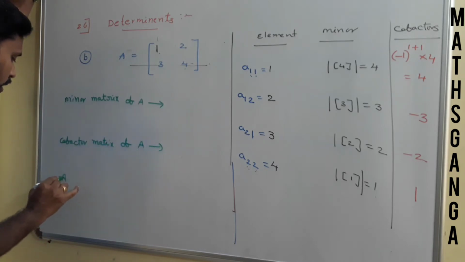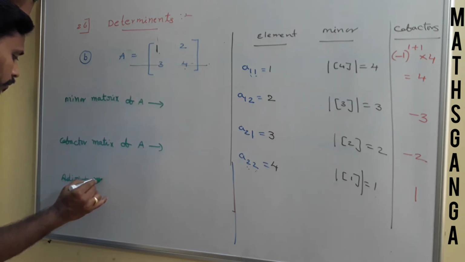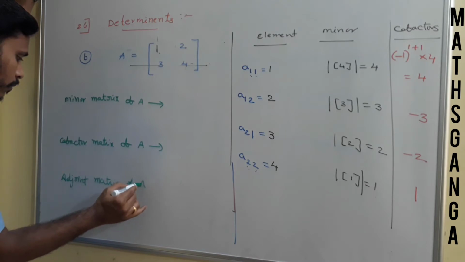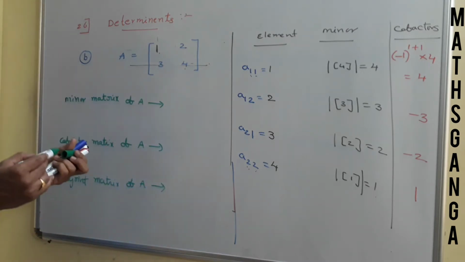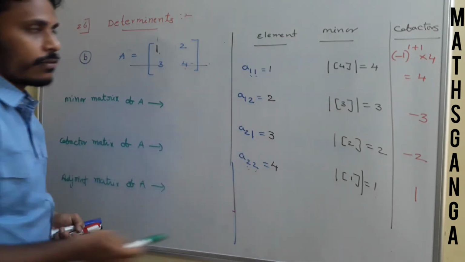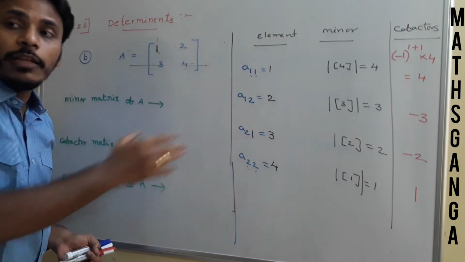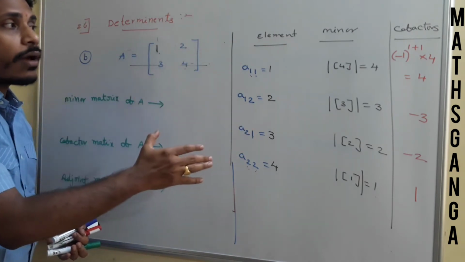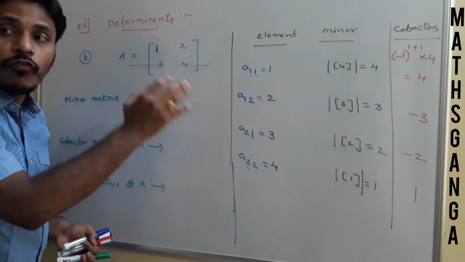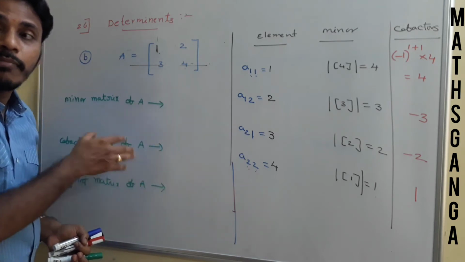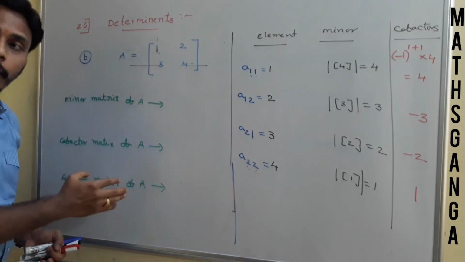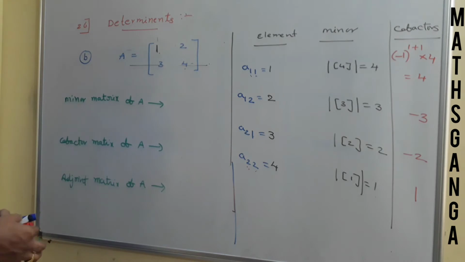And the next thing is the adjoint matrix of A. Okay, here we found the minors for the elements and cofactors for the elements. By observing those minors of the elements and the cofactors of the elements, here we will write the minor matrix of A, cofactor matrix of A, and the adjoint matrix of A.